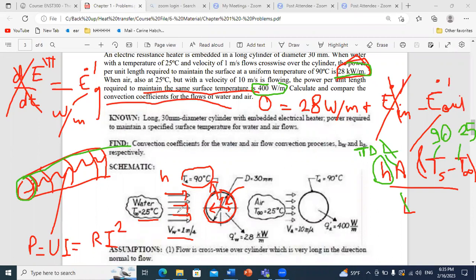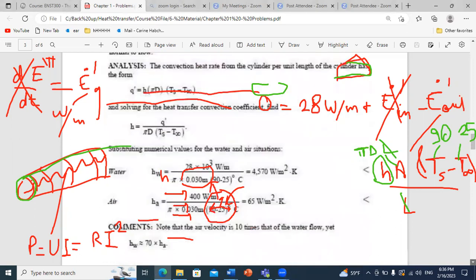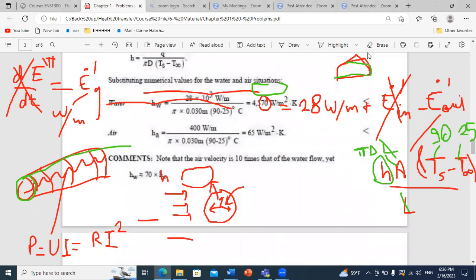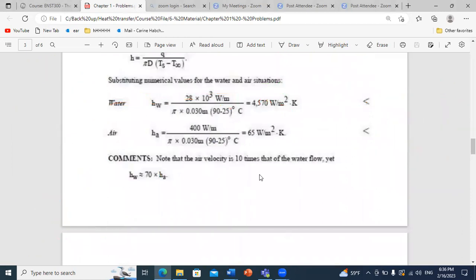Water can remove a much larger generation rate compared to air. Even if we increase the velocity of air by 10 compared to water, the water will have a much better cooling performance. That's why in general we recommend using liquids whenever we want high cooling rates.